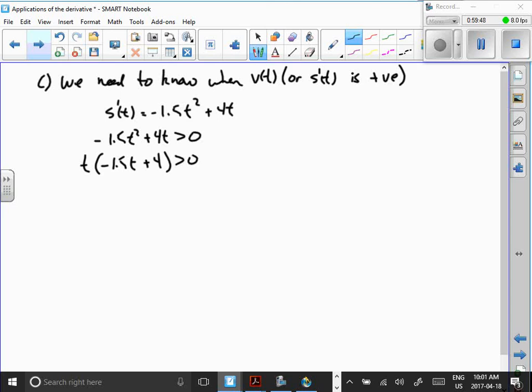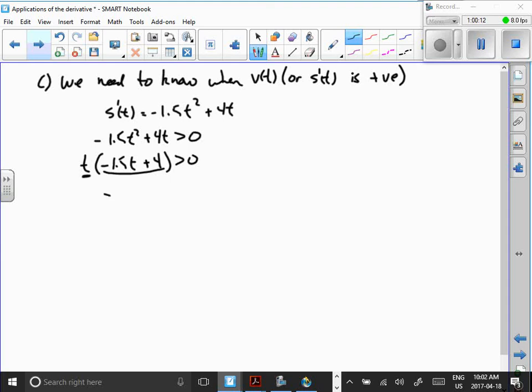Okay. T is always positive. Time can only move forward. So t is either 0 or positive. Everybody agree? So that's always going to be either 0 or positive. So we're going to determine whether this is positive or negative by finding out when that's positive. Does that make sense?